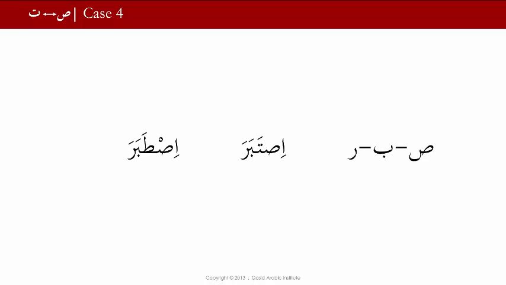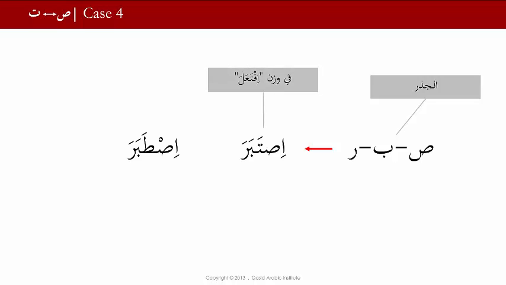Here's the case of sad and ta. Here we have the root sad ba ra. When we put it into our pattern, we get istabara. And so that's difficult to pronounce because we have sad and ta. And so this is going to produce istabara.